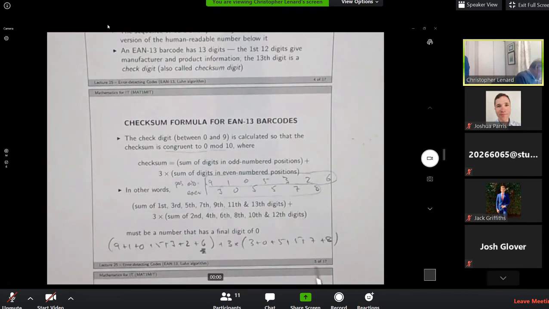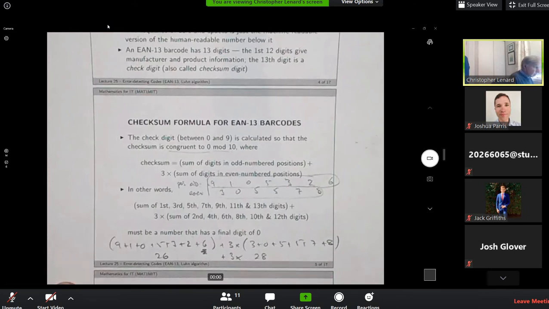If you do the arithmetic correctly, let's see if I can do this correctly. I think the odd sum comes out to be 26. The even sum, I think if you add this up, comes to 28. 3 times 28 is 84.